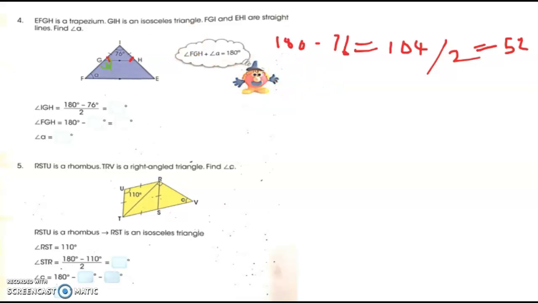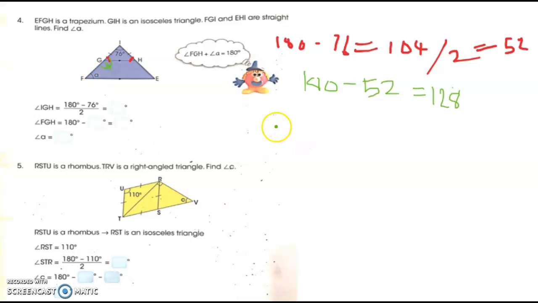It should be 180 minus 52, because in a straight line we have 180 degrees, right? So it will be how much? 180 minus 52 is 128. So this is 128.